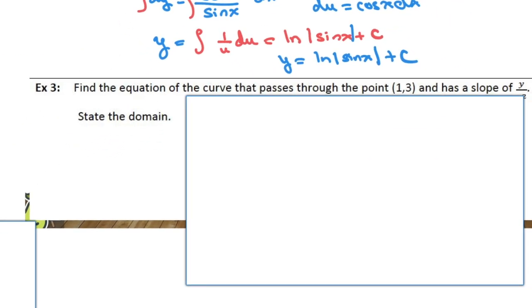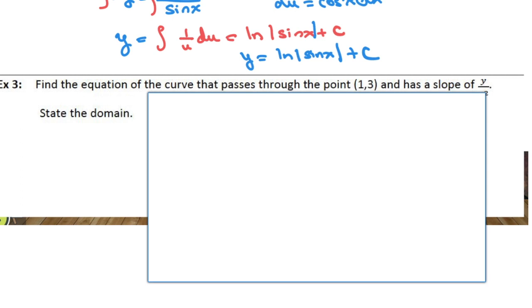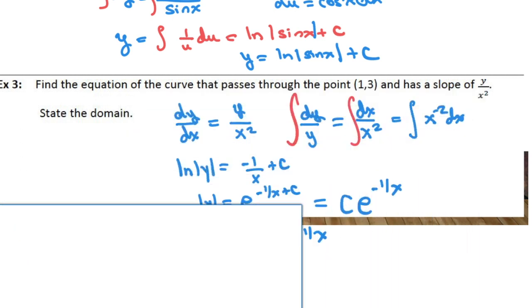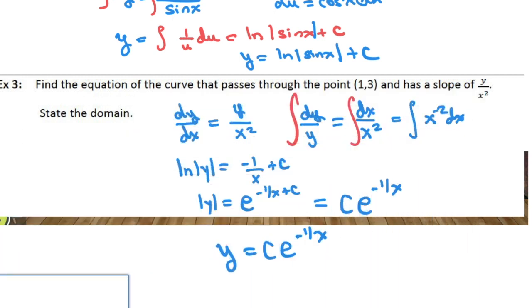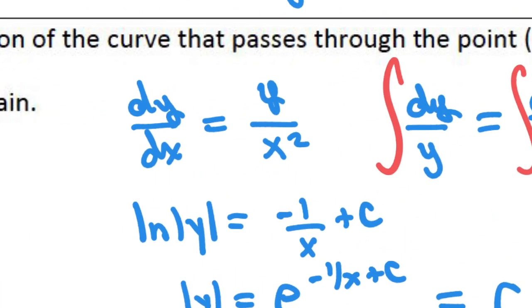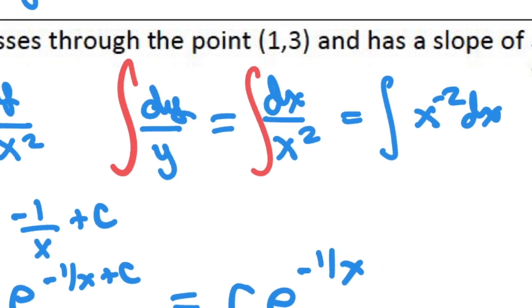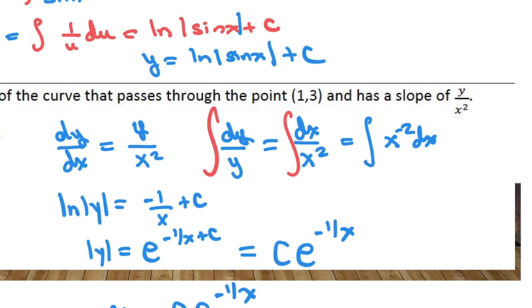Now, for example 3, you're going to look for the equation of a line that passes through (1, 3) and has the slope of y over x squared. So, since it's a slope, we're going to write the differential equation dy over dx equals y over x squared. Now separate your variables and integrate both sides of your equation.